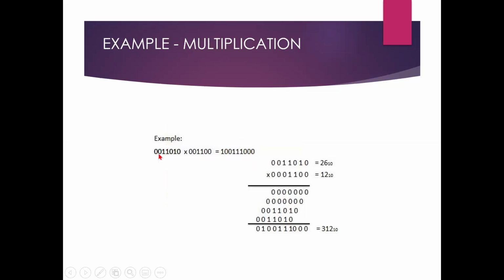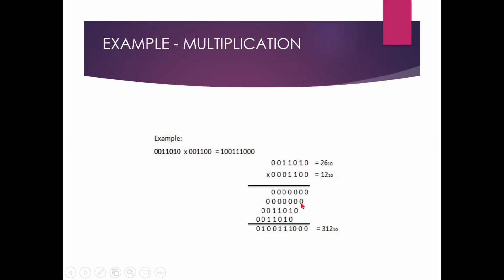Let's check now. The first number is 0, 0, 1, 1, 0, 1, 0, which will be multiplied with 0, 0, 1, 1, 0, 0. So how do you do it? First with 0, you are going to multiply this number. With 0, anyway, you just count the number of digits. 1, 2, 3, 4, 5, 6, 7. 7 zeros, right?